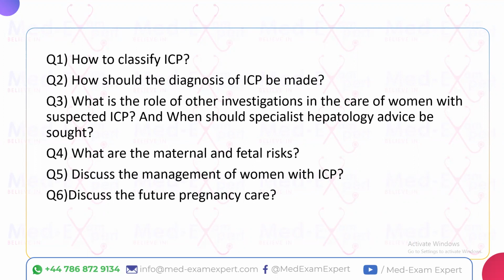The differential diagnosis could be some autoimmune conditions, infections such as hepatitis B, C, and dermatological conditions of pregnancy such as pemphigoid gestationis. Then it could be pre-eclampsia of the pregnancy and primary biliary cirrhosis.